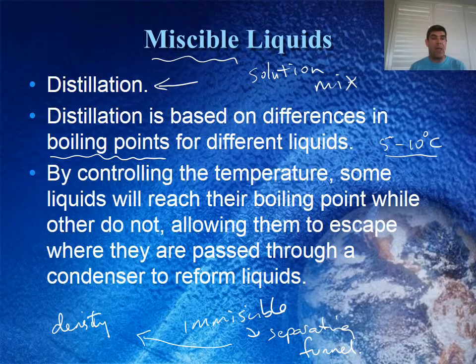As they rise up out of the vessel, we condense that gas back to a liquid and we allow it to drip off into another container. That way we can separate the two liquids. Of course, when you're using this method, you need to make sure that you control your temperature so you don't just end up transferring the mixture from one vessel to another.